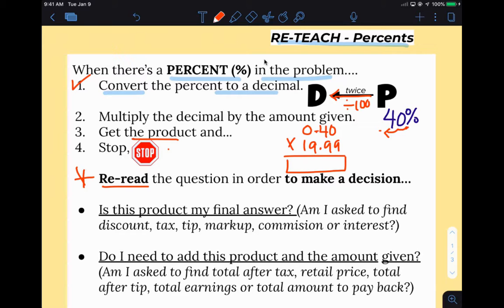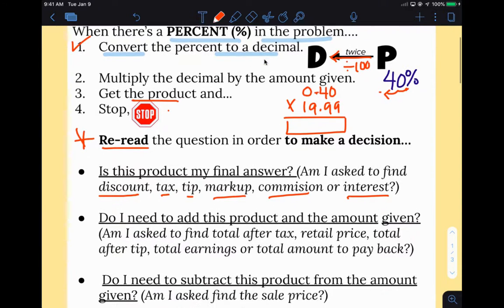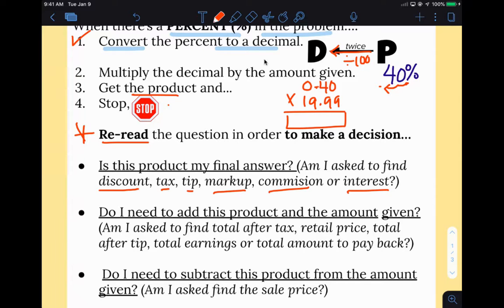So if you are looking to find the discount, the tax, the tip, the markup, the commission, or the interest alone, then right after you multiply, there is your answer already. But then sometimes after you multiply, this will not be our final answer. We have to do an extra step in order to find the solution of the problem.